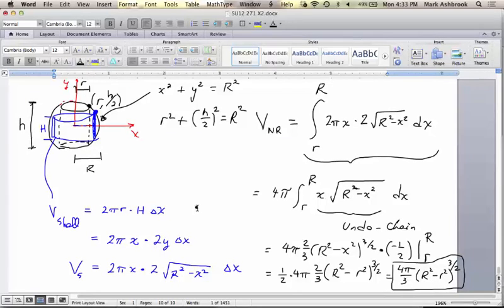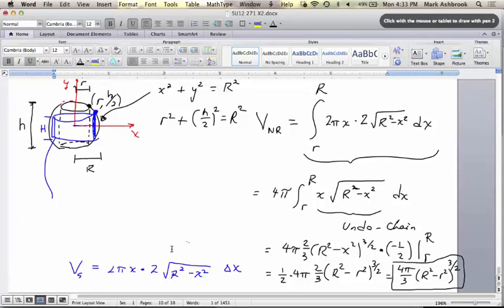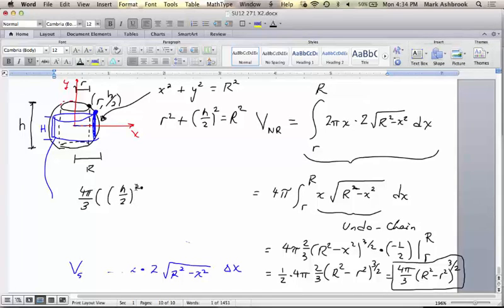So I have 4 pi over 3 times, and so capital R squared is little r squared plus h over 2 squared, and then we'll have minus r squared, so the r squares will go away. So all we'll have is h over 2 squared to the 3/2.